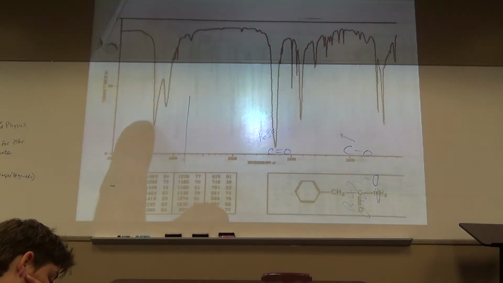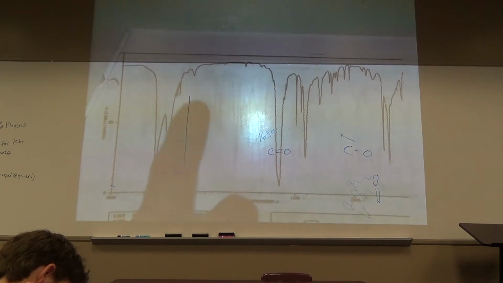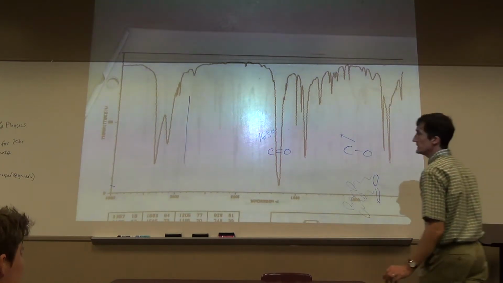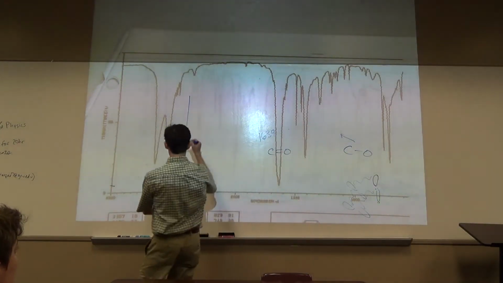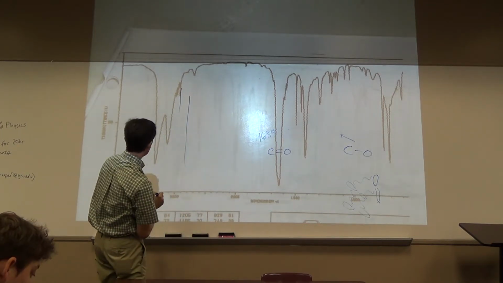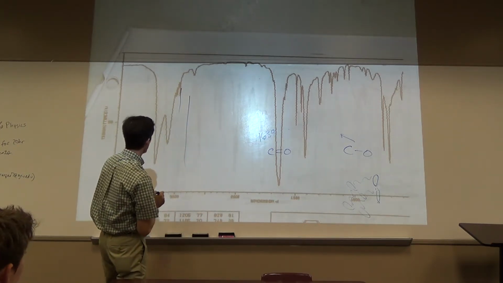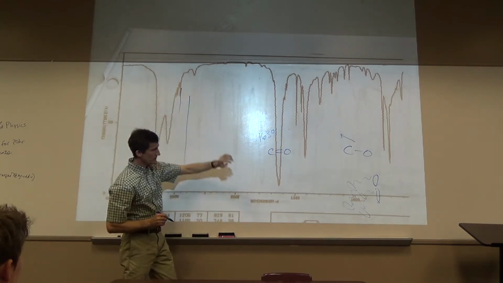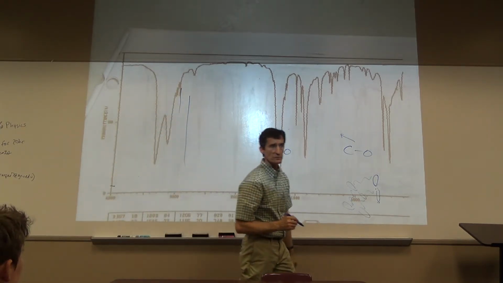Two NHs. One thing about this one is your CHs tend to be, for some reason, fairly weak. You see a little bit sort of under here. I can't see if that's to the left or the right. Yesterday, I think we said that was to the left, and then we were wondering why there's nothing to the right, because we do have sp3 CH.